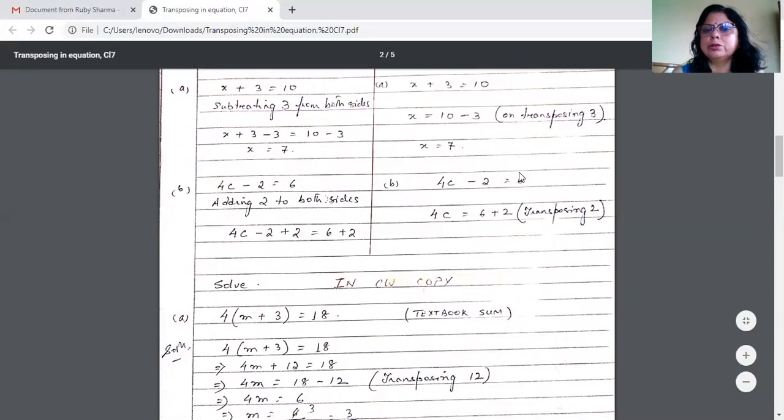So the sign changes. Minus 2 will become plus 2 here, and we'll get 4c is equal to 8. The next step we'll do later on. This is just for transposing. I'm explaining to you transposing 3, transposing 2.